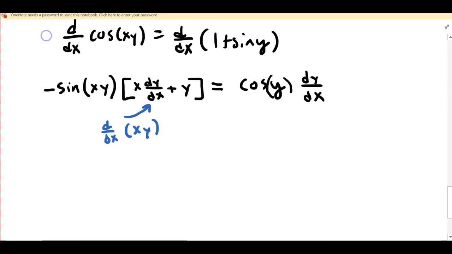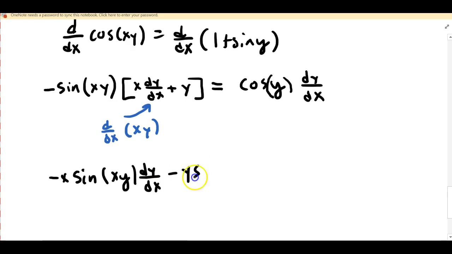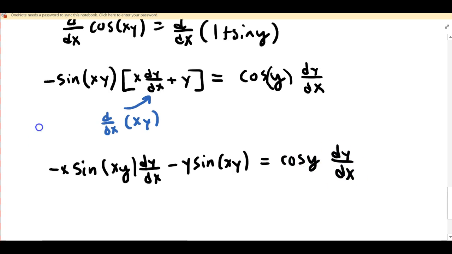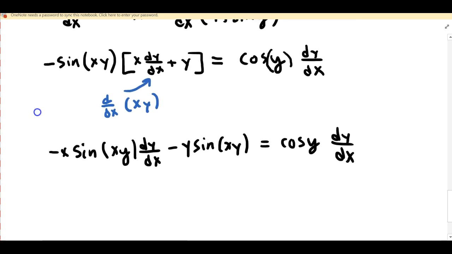Okay, now I need to solve for dy/dx. So on the left side, I'm going to multiply that through. So that's going to be negative x sine(xy) dy/dx minus y sine(xy) equals cosine y dy/dx. It doesn't really matter which way you go with this.